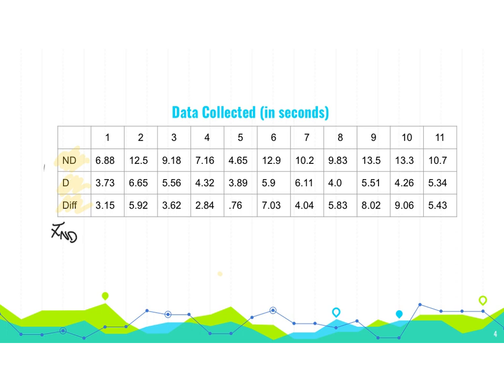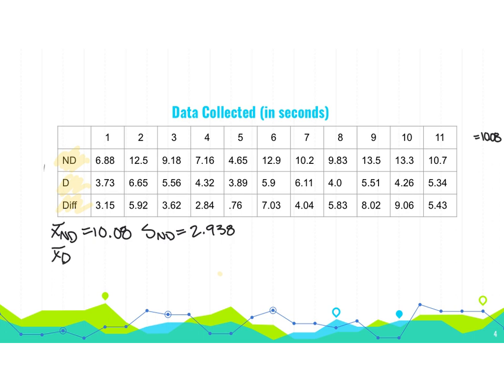Then we took the means of each, which were 10.08 for the non-dominant, and the standard deviation for non-dominant was 2.938.